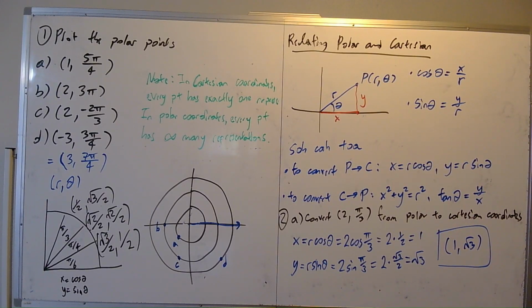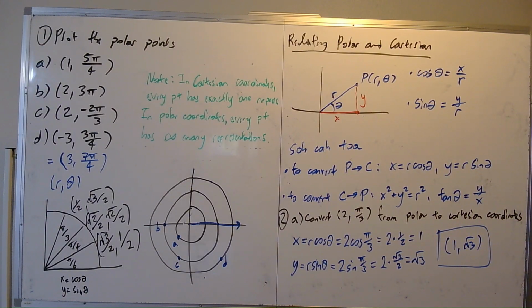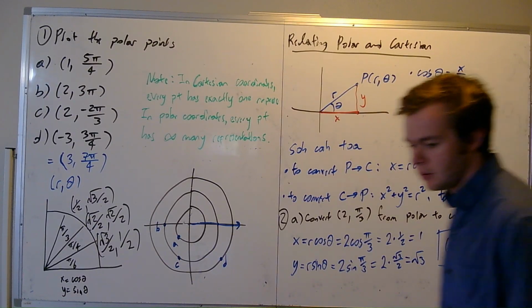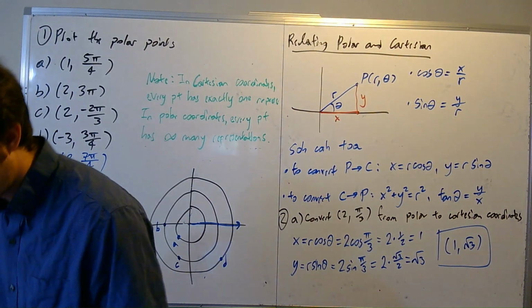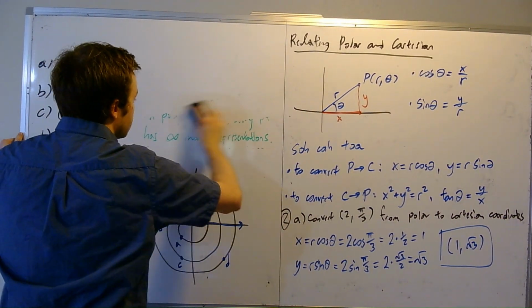That's our answer. Right, so this was polar coordinates. Now this is Cartesian coordinates. We've converted it. Okay, and part B is going to be just to go the other way. So let's write that down.